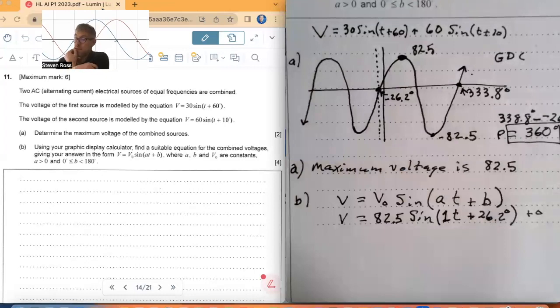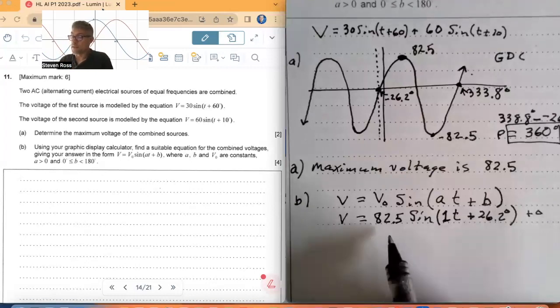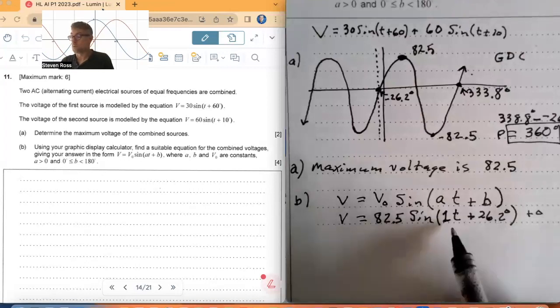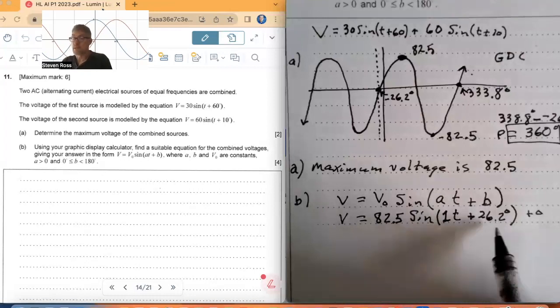And so, using your graphics display calculator, find a suitable equation for the combined voltages. It looks like V naught is equal to 82.5, A is equal to 1, and this B is equal to 26.2.